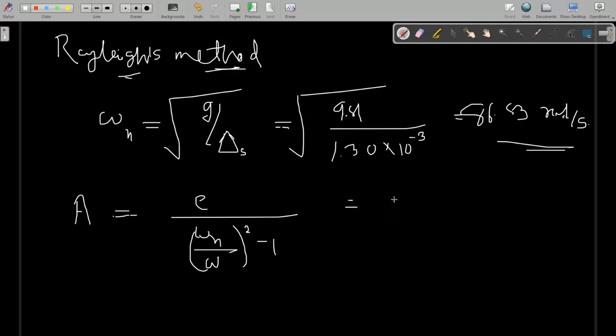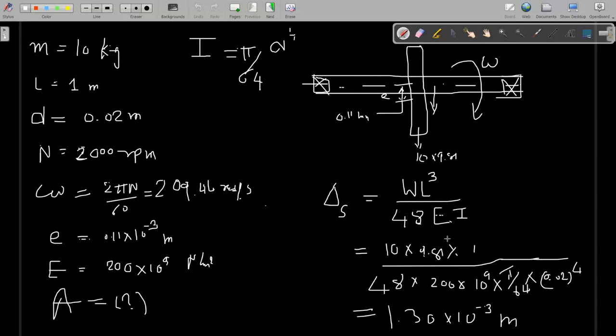So eccentricity is what? 0.11 mm. So I am writing here in meter, 0.11 into 10 raised to minus 3, and here omega n is 86.83, and the rotation, the running frequency at which it is rotating, is 209.44.